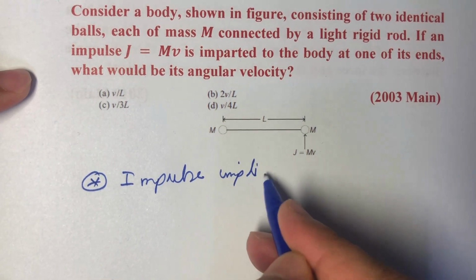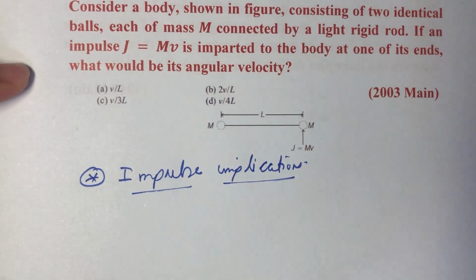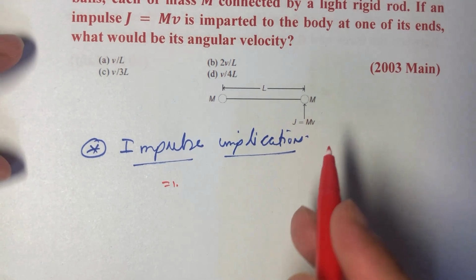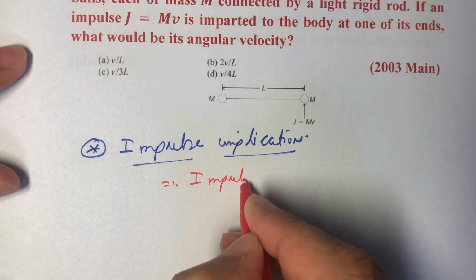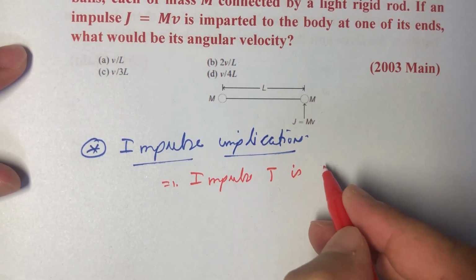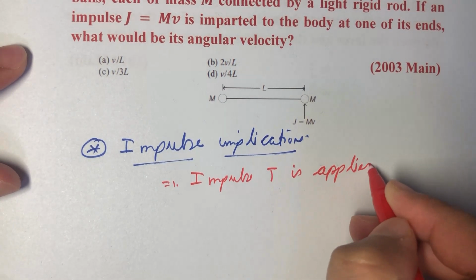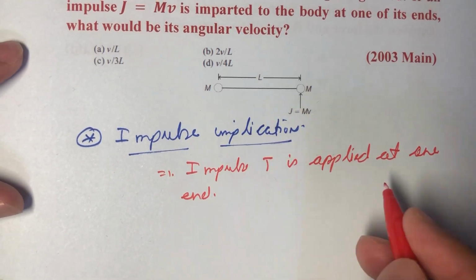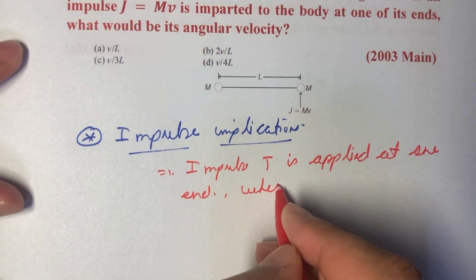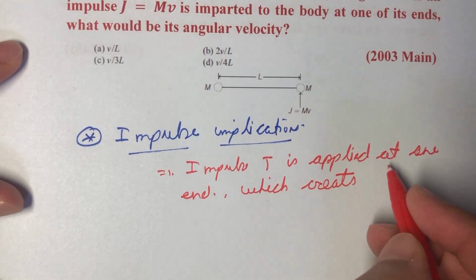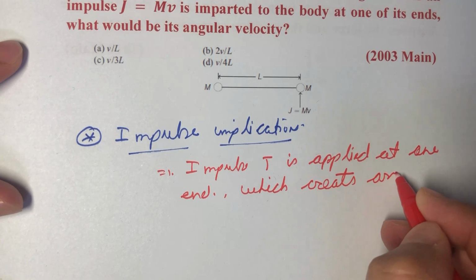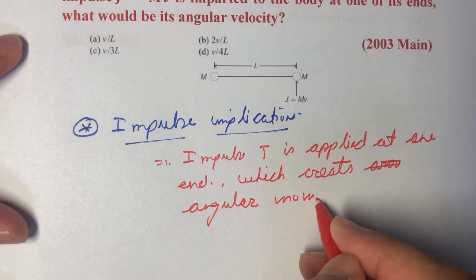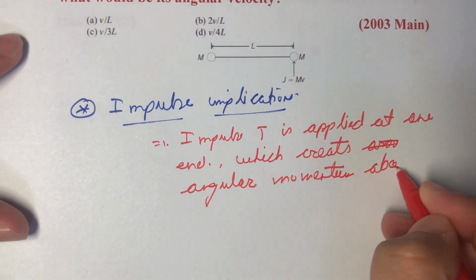First, the impulse J is applied at one end, which creates an angular momentum about the center of mass of the rod.